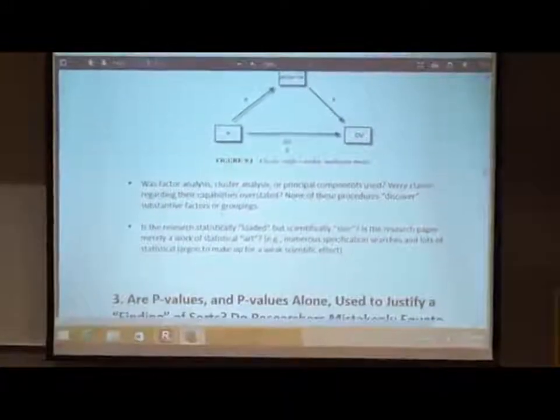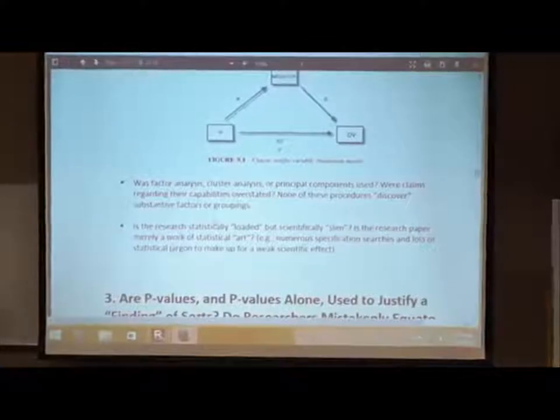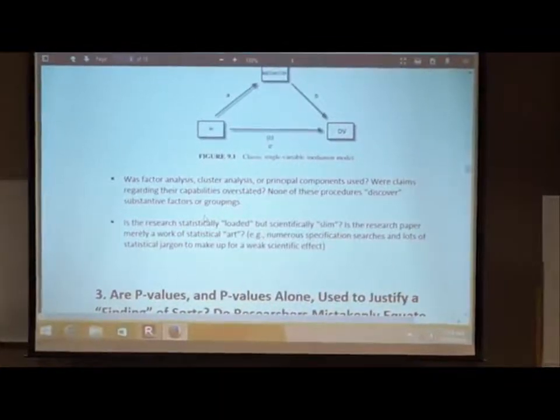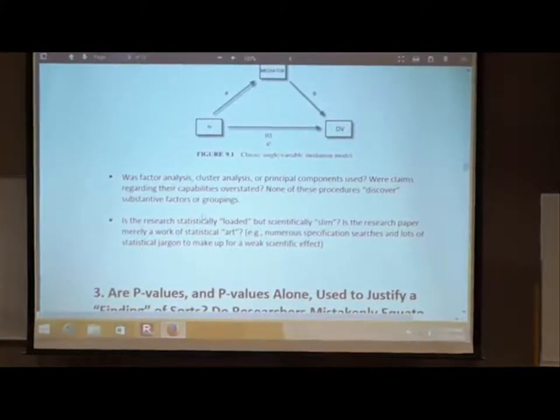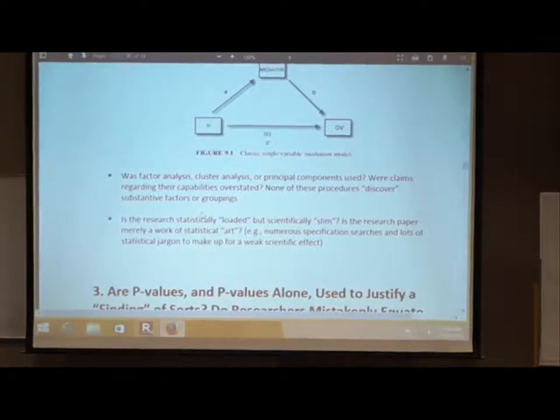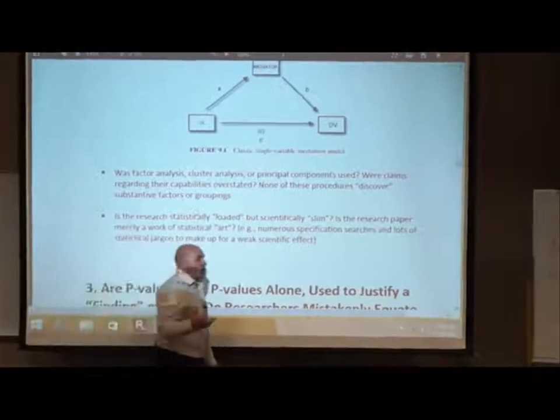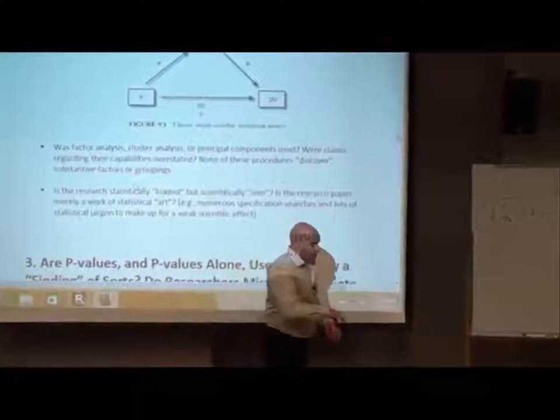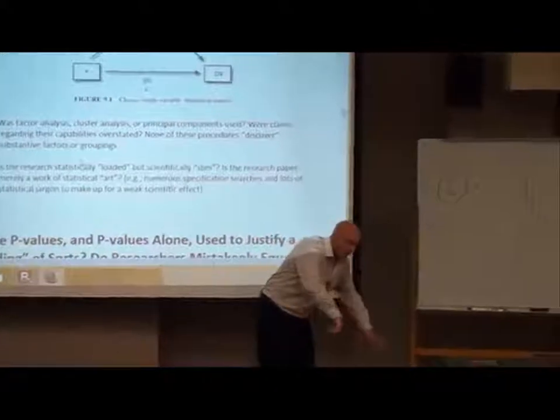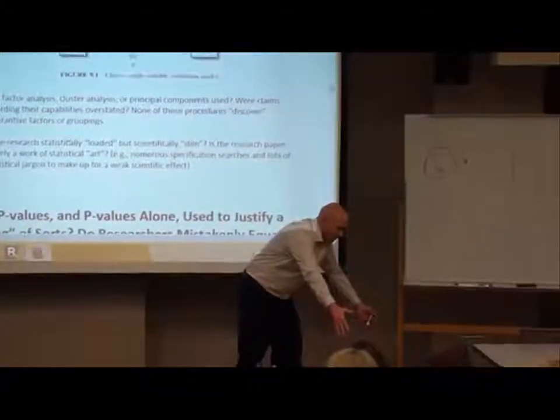Was factor analysis, cluster analysis, or principal components used? I'm not going to talk very much about that, but were claims regarding their capabilities overstated? None of these procedures discover substantive factors or groupings. Oftentimes we think of factor analysis as uncovering something, like uncovering something in the dirt and then going, the factor right there.